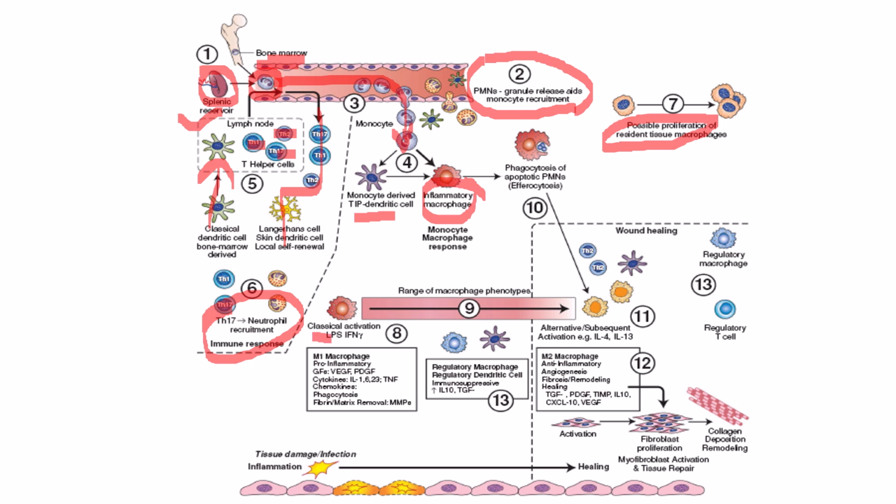Then the classical activation or M1 macrophage activation is by the lipopolysaccharide or interferon gamma, and these M1 or classical macrophages form pro-inflammatory cytokines, phagocytosis, and they also are responsible for fibrin and matrix removal via matrix metalloproteases.